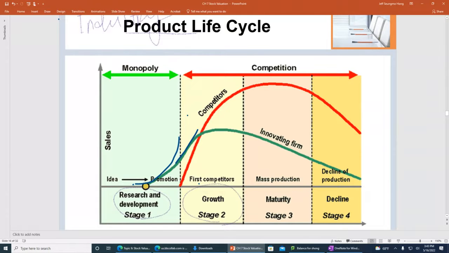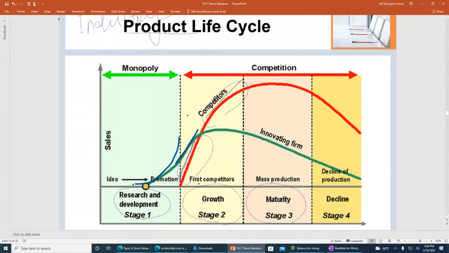And as the competitors enter the market, from the competition, of course, the competitors will grow at a fast rate early on, and then goes into the slope here and the slope here. You can tell steeper growth and relatively slower growth. And then it goes into maturity, which is stage three.